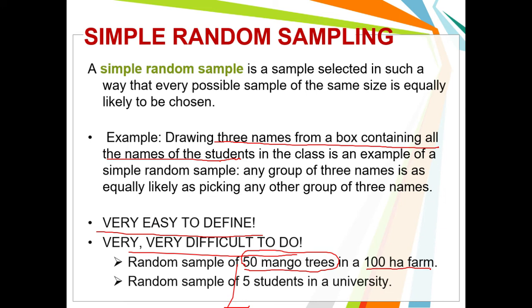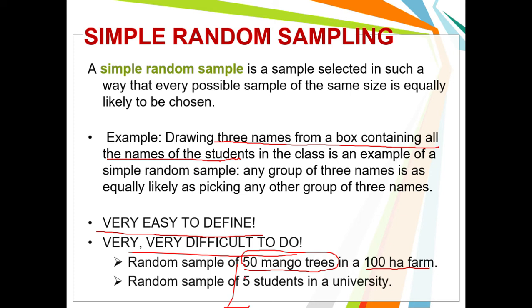Maraming trees yan. And it is quite difficult to assign names, no? Or mga code names dun sa ating trees, then saka sila ilalagay sa ating mga papers at saka i-draw lots. Okay? So, mahirap siya. What if hundreds or thousands trees yan? So, masyadong maraming papel, no?